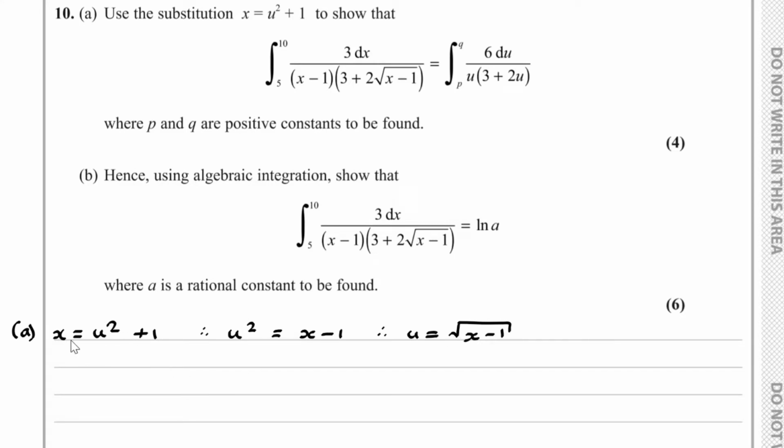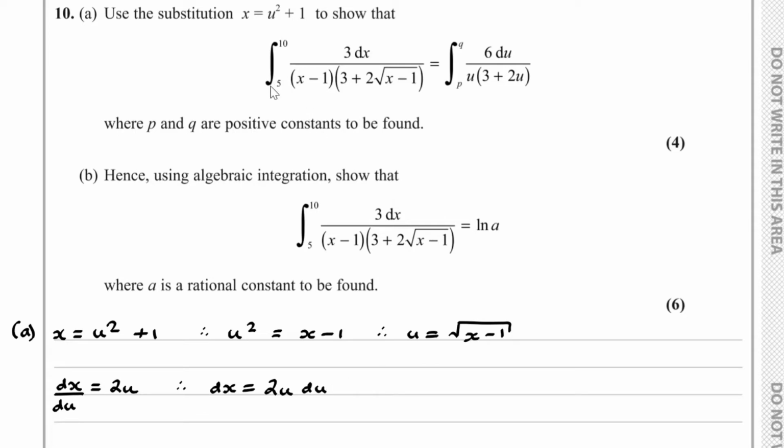Next, we can differentiate x with respect to u. So dx over du, that's equal to 2u, and therefore dx, that's equal to 2u times by du.